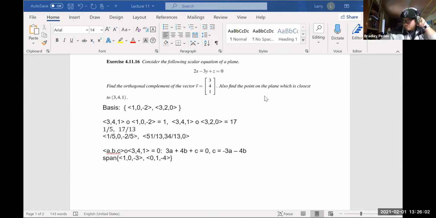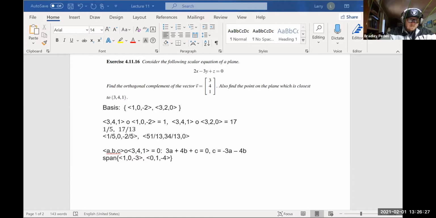Okay, now if we want to find the point on the plane which is closest to (3, 4, 1), that's actually a different question because now we're finding a point in the plane, which is different than finding the orthogonal complement. So to find the point on the plane that's closest to it, what's another word for that? A single word.